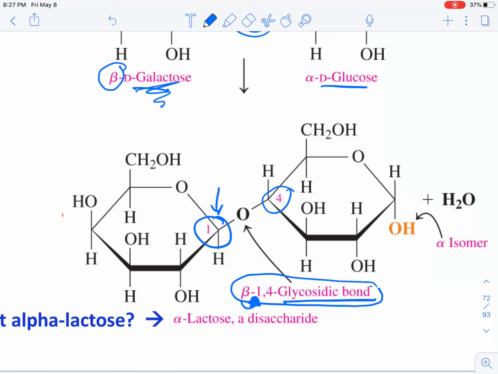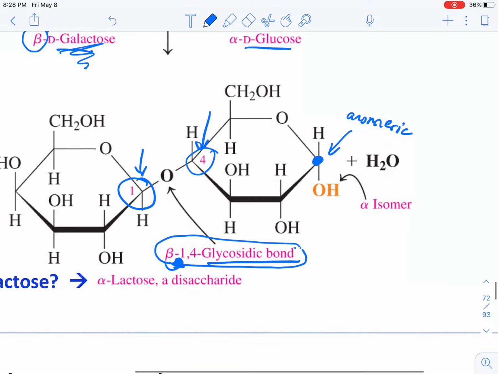And so this is the anomeric carbon for the second molecule in this disaccharide. Since this anomeric carbon is free, so to speak, it can undergo another reaction.